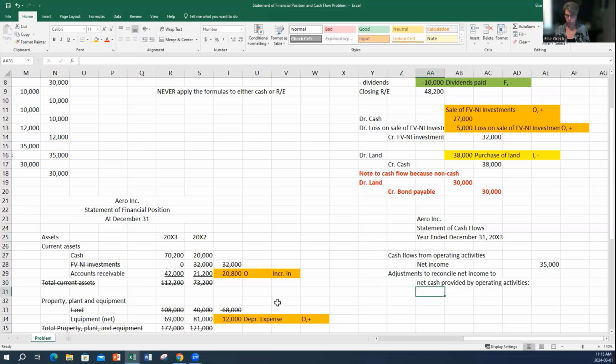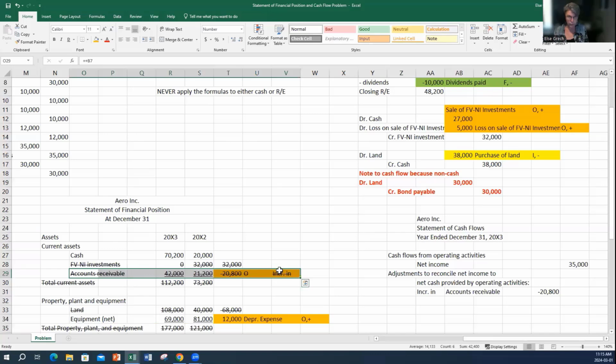So no particular order. I'm going to just start with whatever I happen to have. So I have an increase in accounts receivable, and that is, and you know what? I'm going to move this over one. There we go. So that is this negative $20,800. So I've used this up.